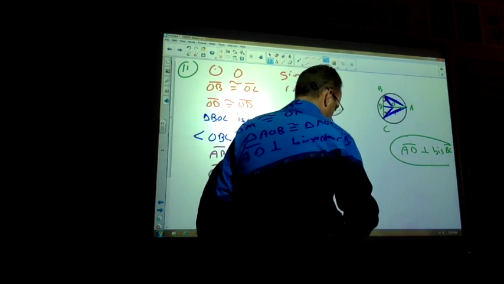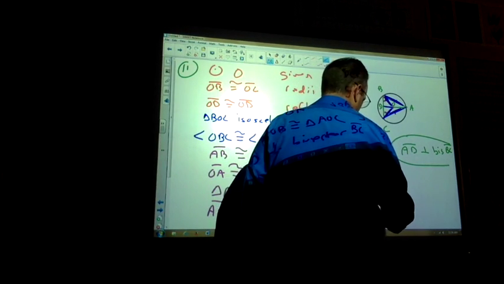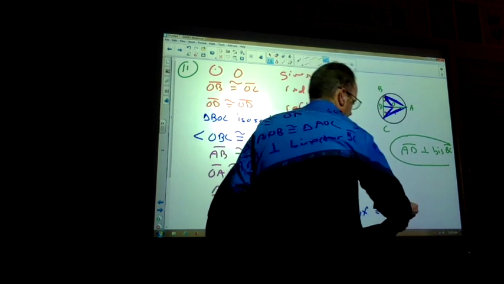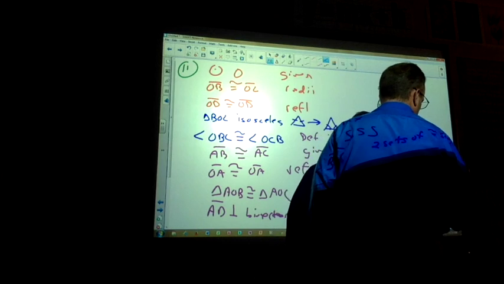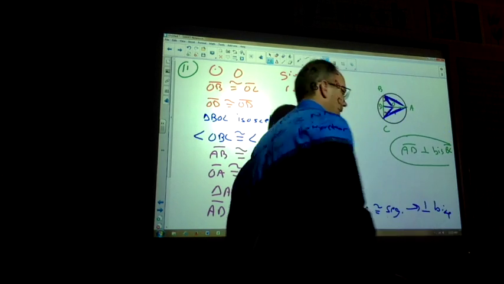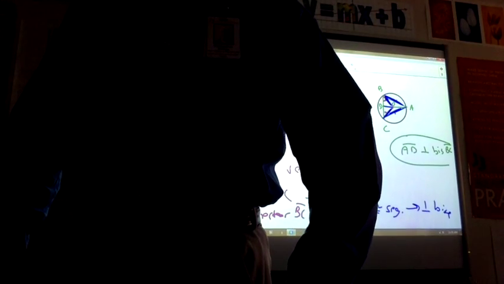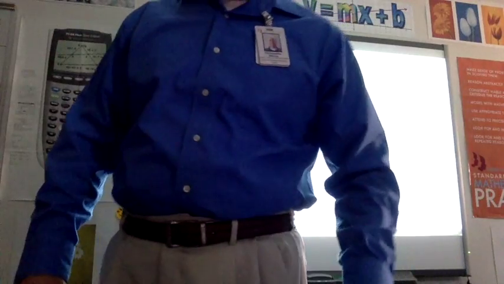Two sets of congruent segments, then perpendicular bisector, something like that. Cool. I think that would help you on the rest of those proofs. Good? All right, make sure those are stapled and bring them on up yonder.